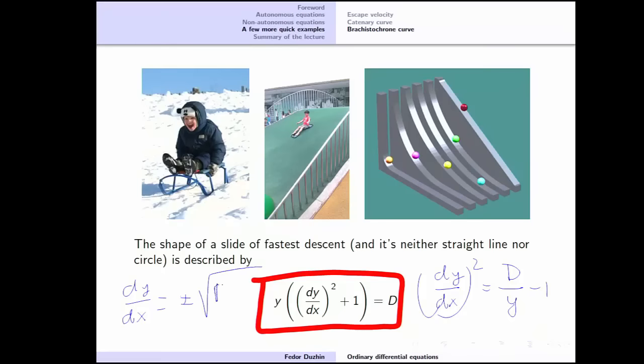Square root of d minus y over y minus 1. And then you can solve it again as a separable equation. And you will see that the solution is going to give you an arc of a so-called cycloid. Alright, so that's all I wanted to tell about the models.